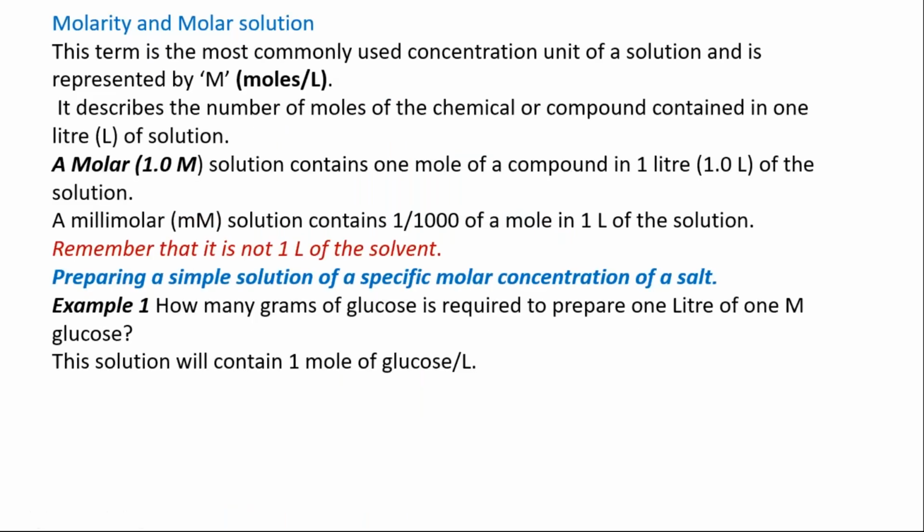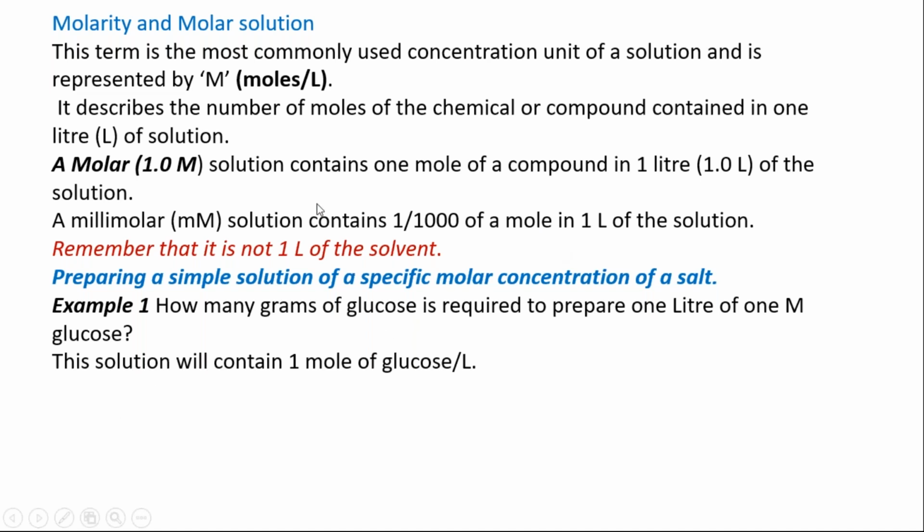Now we come to molarity and molar solution. In the previous slides, you learned how to calculate the molarity of different solutions. So what is molarity and molar solution? A molar solution is defined as the number of moles. If 1 gram molecular weight is dissolved in 1 liter of the solution, it is known as a molar solution.